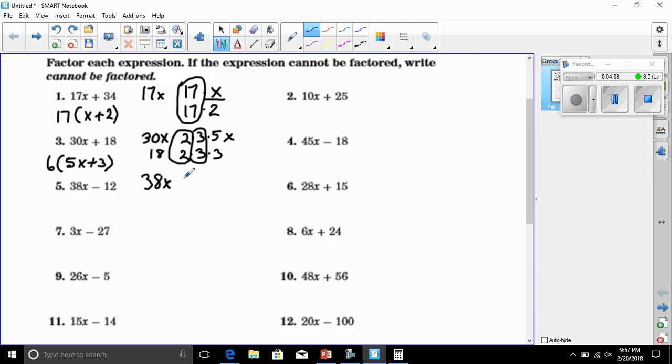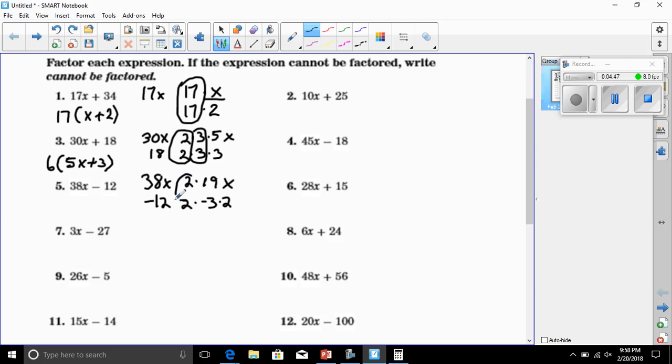38 is going to be 2 times 19. And 19 is a prime number. And then negative 12 is going to be 2 times negative 6, but that could really also be negative 3 times 2. All right, and there's an x over here, so we'll bring the x.